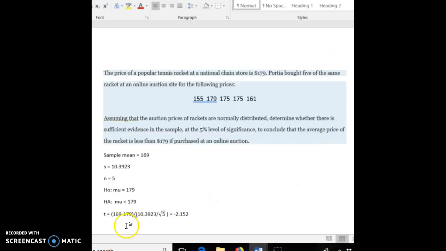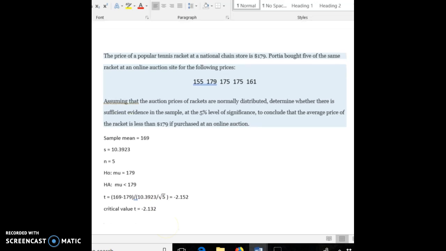Okay, so all right, now let's notice that our test statistic is to the left of this critical value on the number line, so it is in our critical region, especially since we're looking at a left-tailed test. All right, so we want to reject the null hypothesis, since this is in our rejection region.